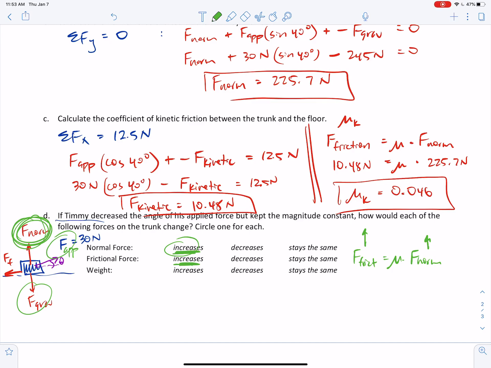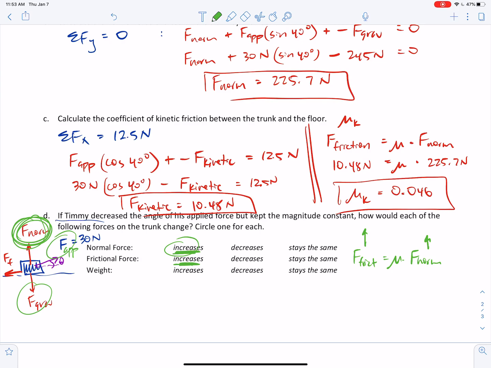And if you think about this in real life, right, Timmy isn't pulling upwards on that crate as much as he was. And so, of course, it's going to experience more friction because the box is actually rubbing against the ground with more force than it was before.